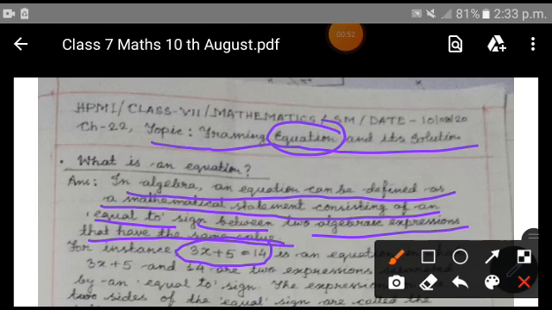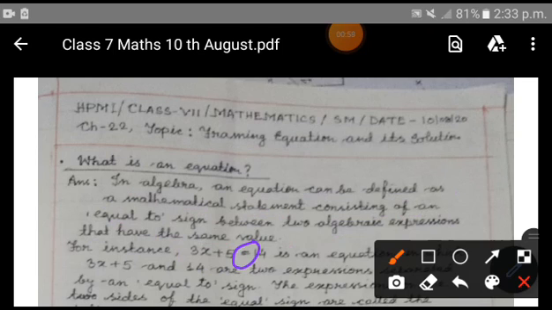Here you can see something is present on the left hand side, and in between there is an equal to sign, and again on the right hand side something is present. So an equation is nothing but something equals to something. On the left hand side you have 3x + 5, and on the right hand side you have 14, and in between you have an equal to sign.